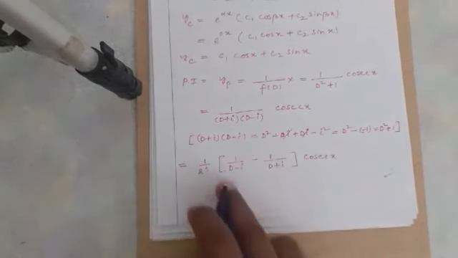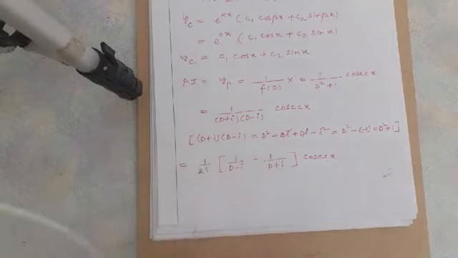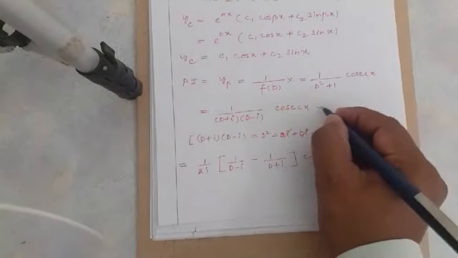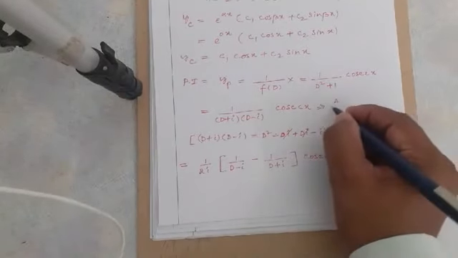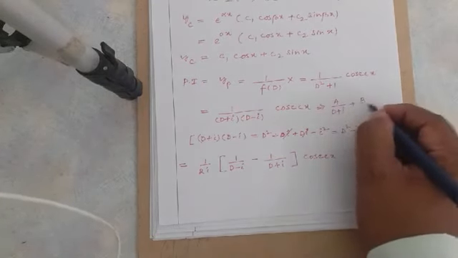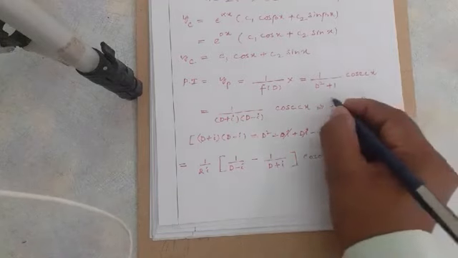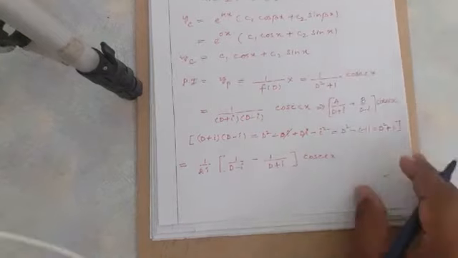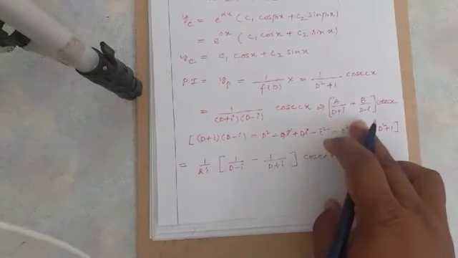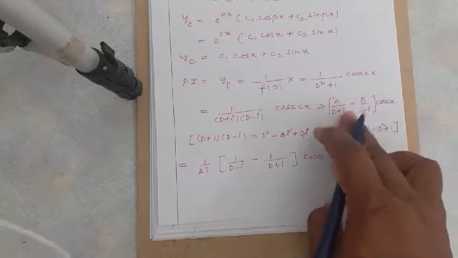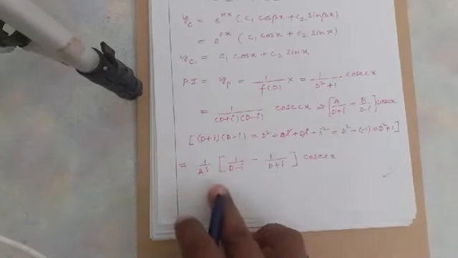This can be found using partial fractions. I write it in the form A upon D plus i plus B upon D minus i, and then cosec x. Now you use partial fractions to find capital A and capital B, and after finding them, we get this step.